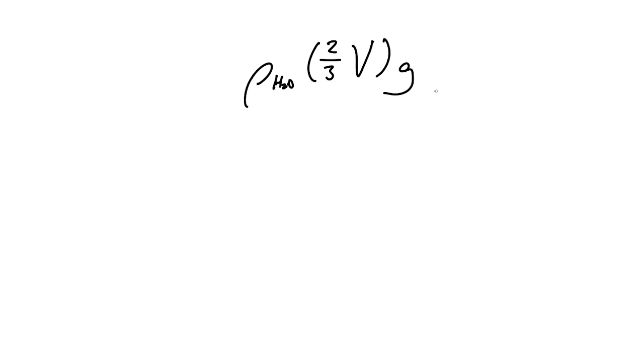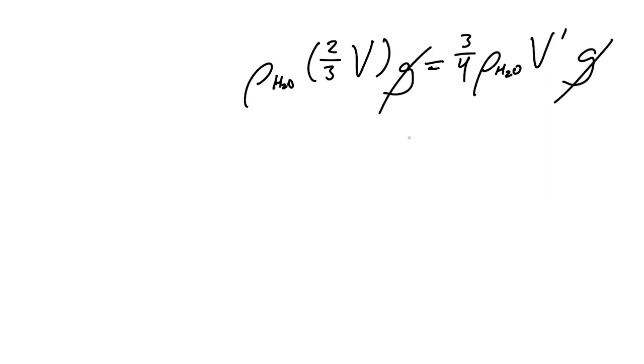And if the sphere is removed and placed in oil that has 3/4 the density of water, so now we can say the rho of oil, which is 3/4 the density of water, so we can just replace that, times V prime times g, right? And these are going to be equivalent.